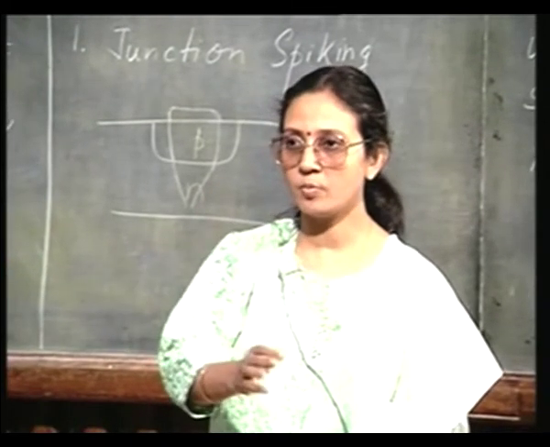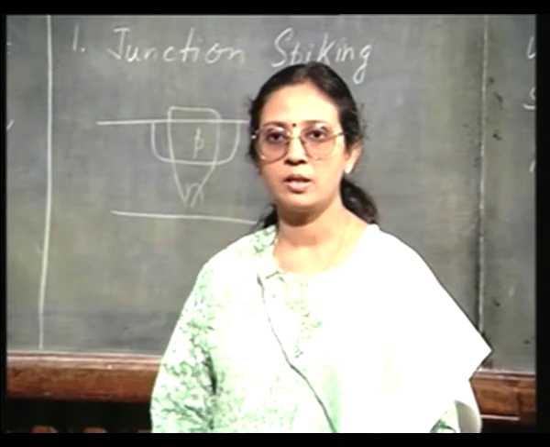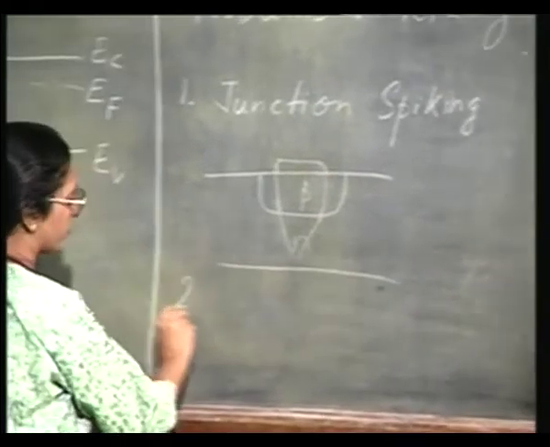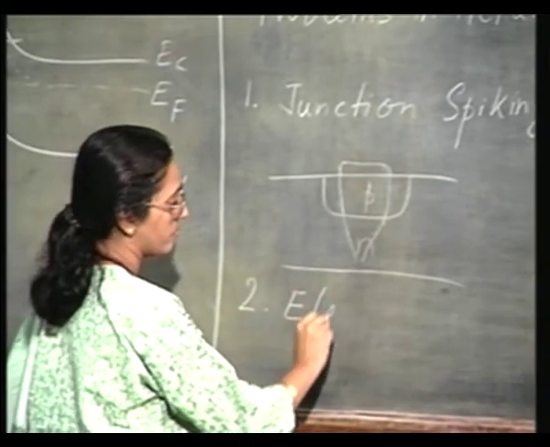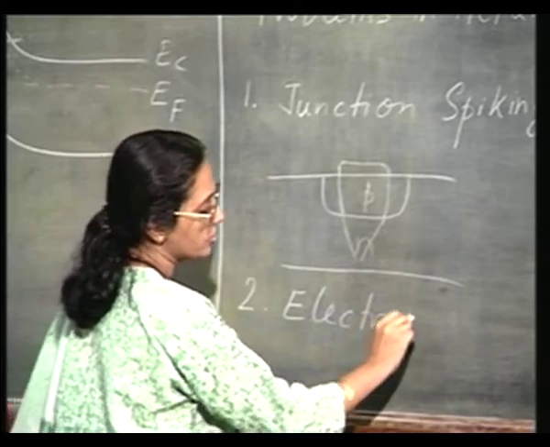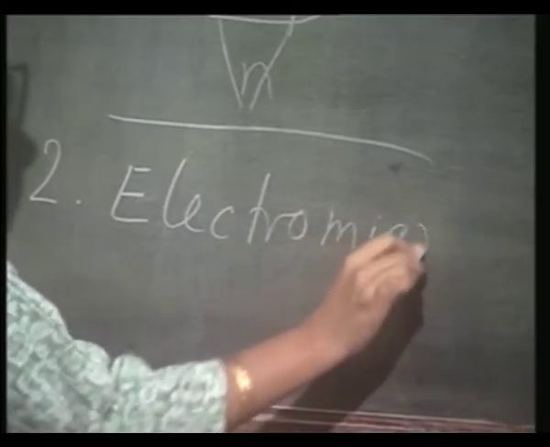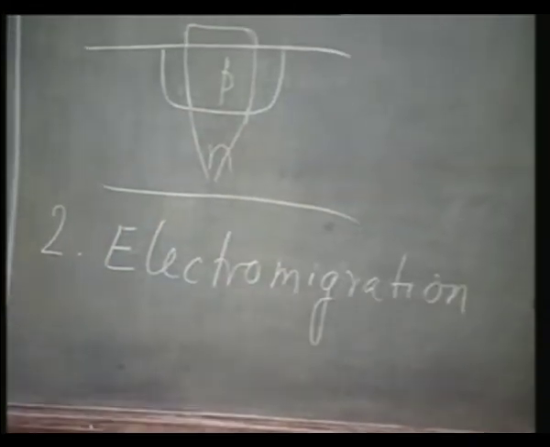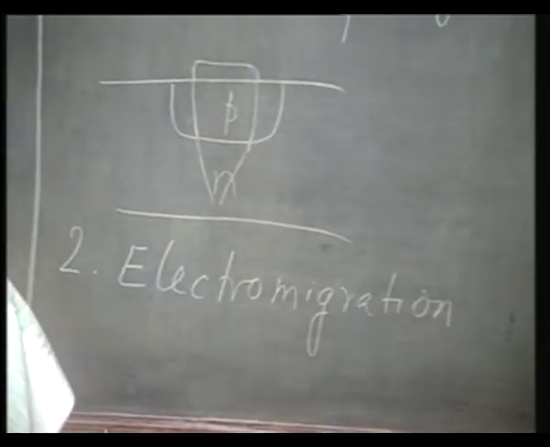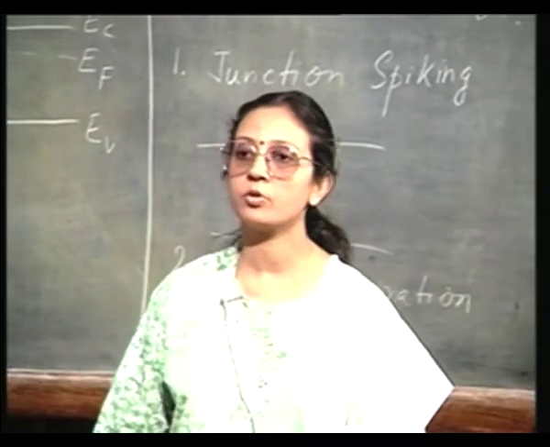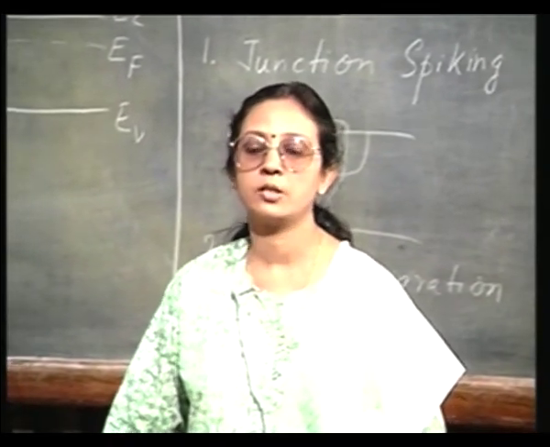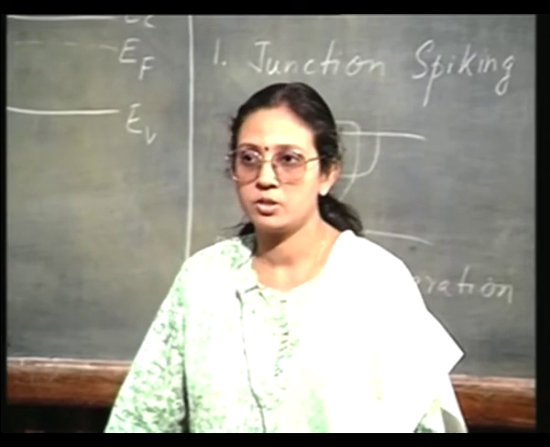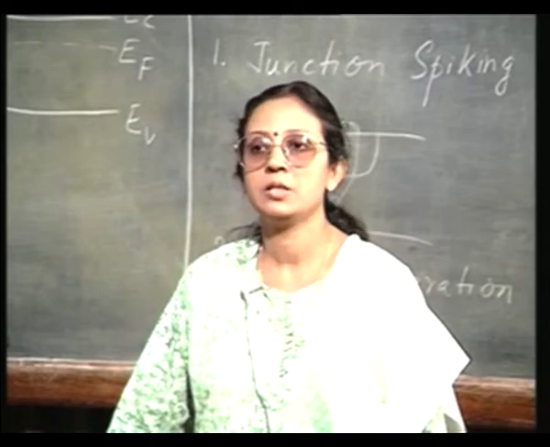So, you have a break somewhere and an accumulation in another place. So, these are the two most severe problems, junction spiking and electromigration, associated with metallization, particularly aluminium metallization, and aluminium is the most important contact metal in silicon technology. These are the two major problems with aluminium metallization, and we will discuss more about them in the next class.